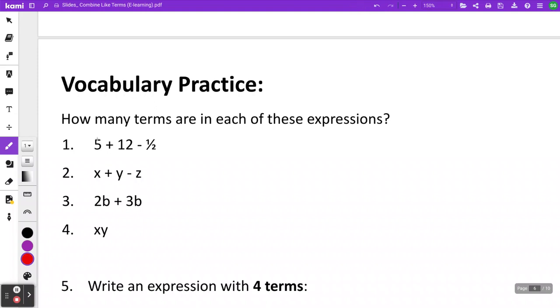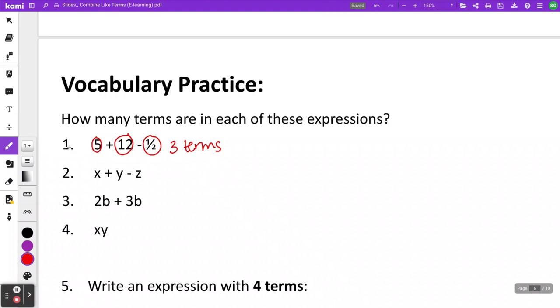I know that there is 1, 2, 3 terms in this problem, and I found them just because I'm looking for the different parts of our problem that are separated with those plus or minus signs. So for number 1, I could say there are 3 terms.